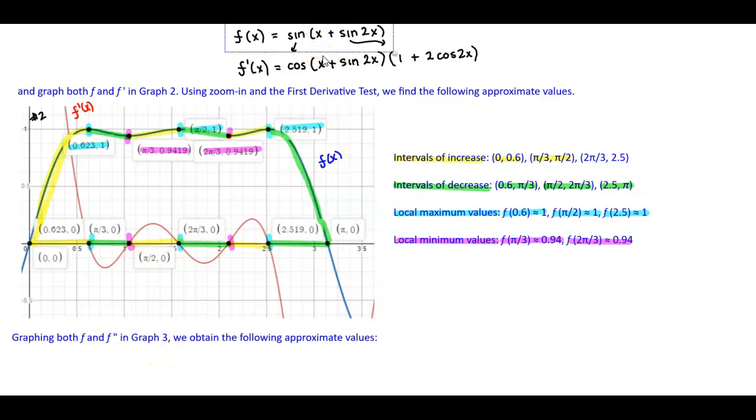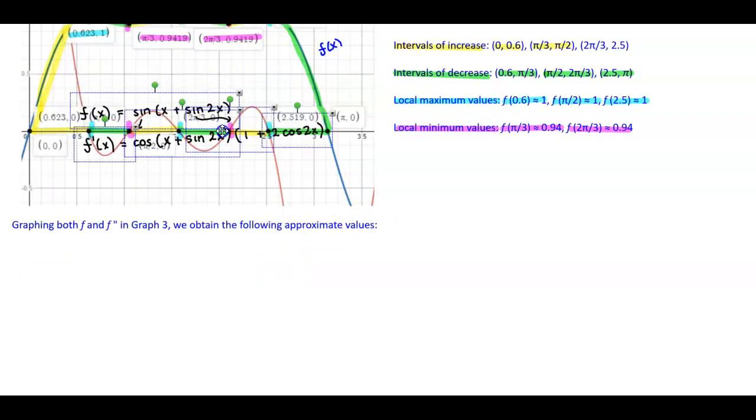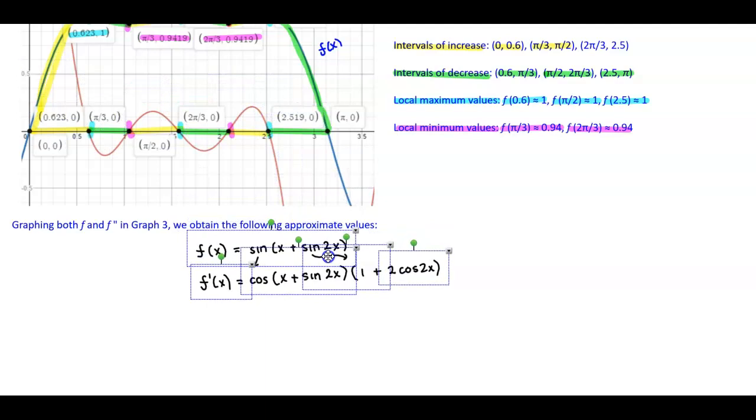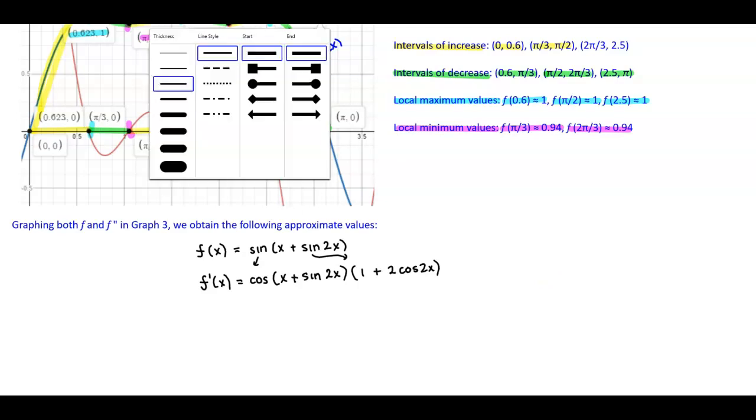So let's go ahead and copy down our first derivative. So that was our first derivative, and now we want to be able to find the second derivative.